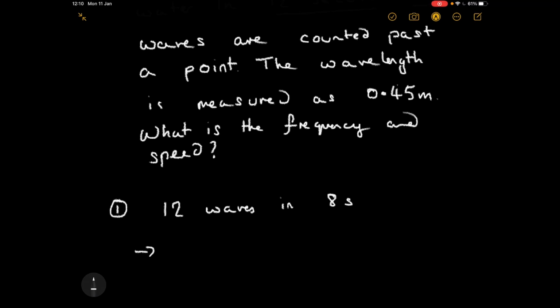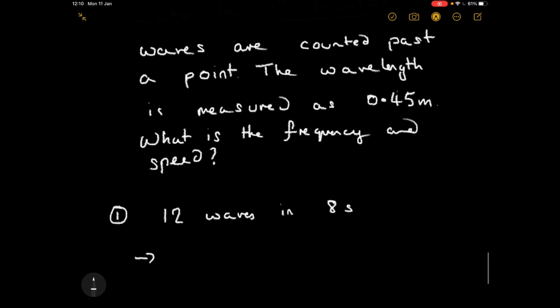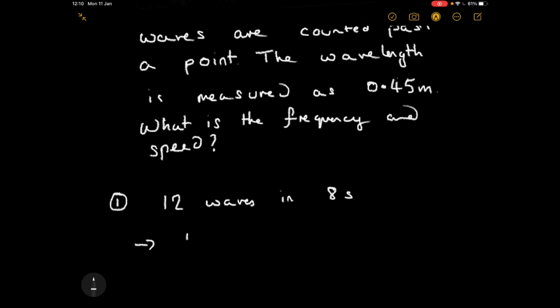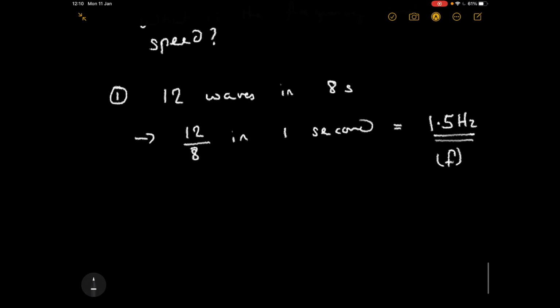That is therefore going to mean that if we've got 12 seconds, we divide it by 12 to get to 1, so that means we'll get 8 over 12 in 1 second, which is therefore 0.67 waves per second. So that is f.